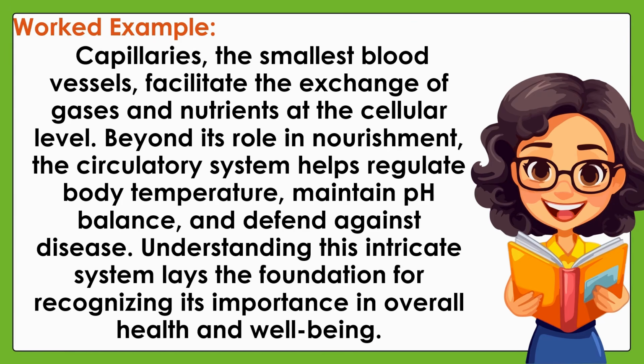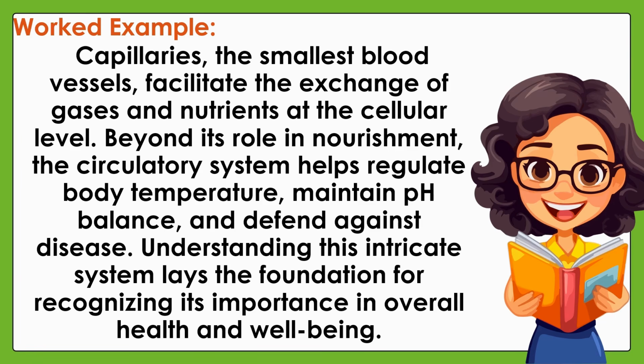Capillaries, the smallest blood vessels, facilitate the exchange of gases and nutrients at the cellular level. Beyond its role in nourishment, the circulatory system helps regulate body temperature, maintain pH balance, and defend against disease.